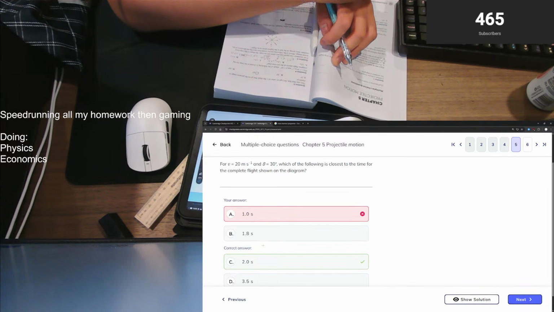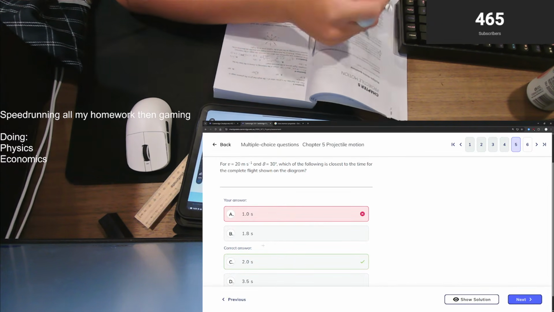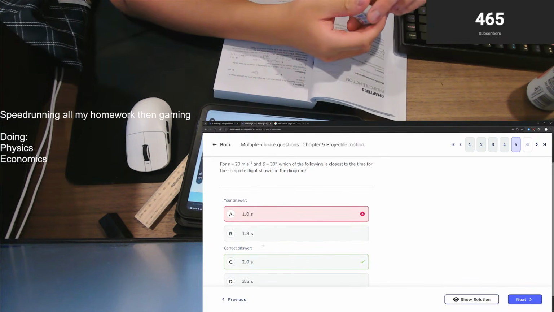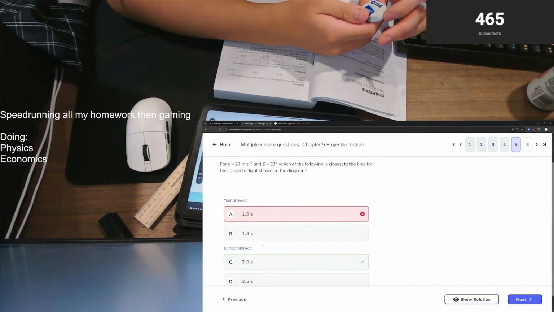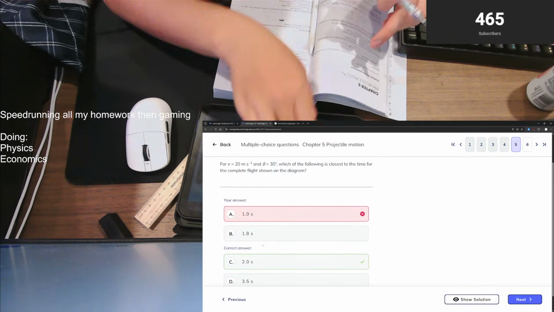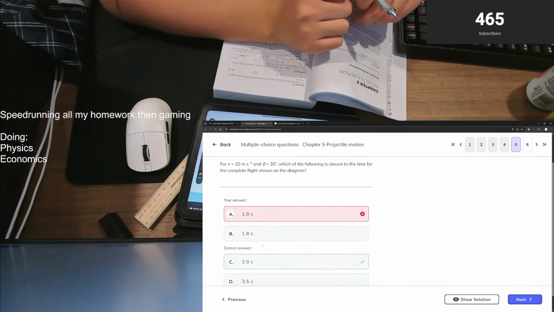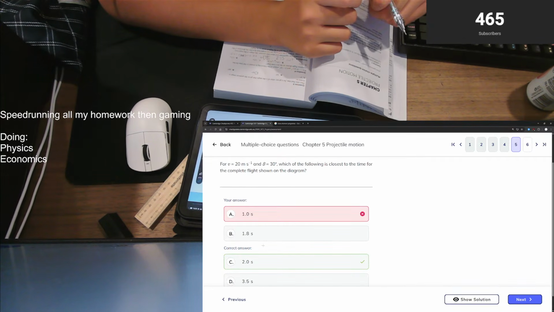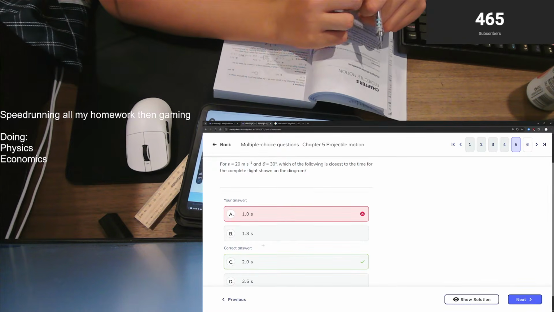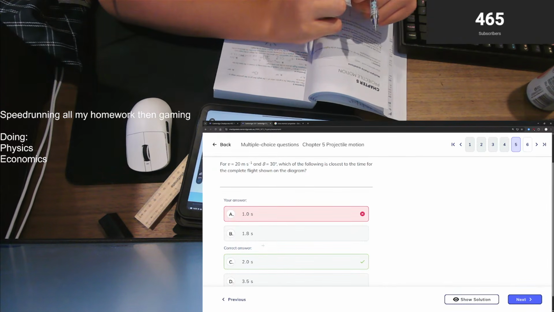So is that the final or the initial? Is the one I found the initial or the final? Why is it the initial?